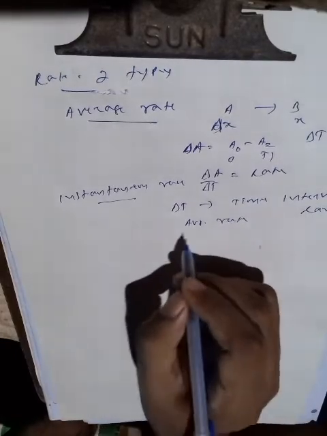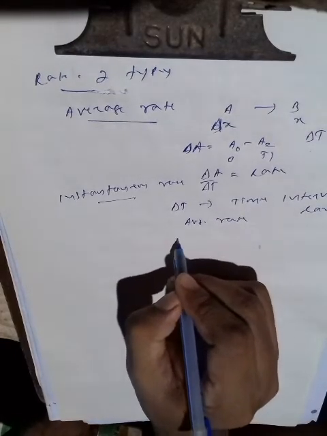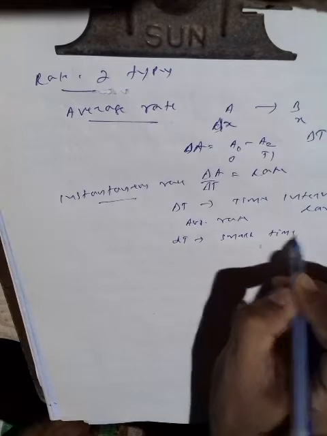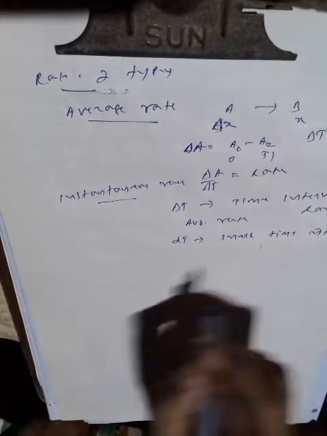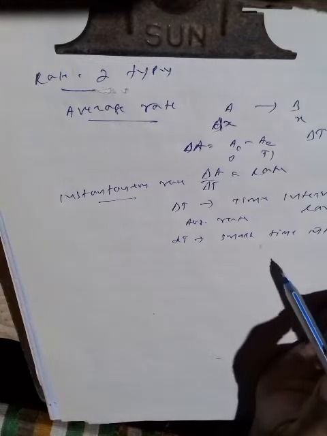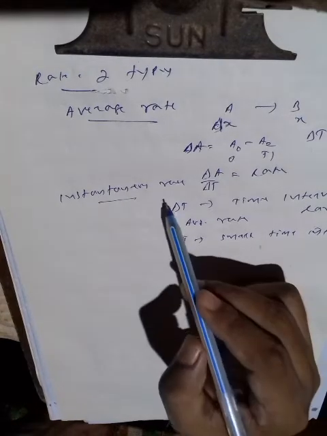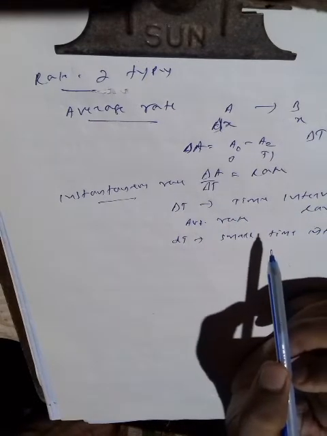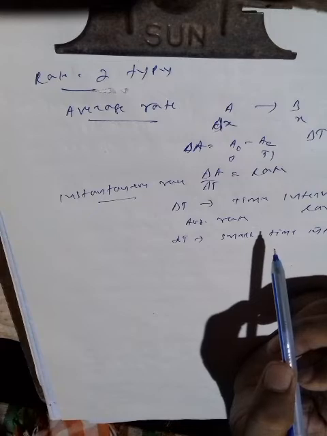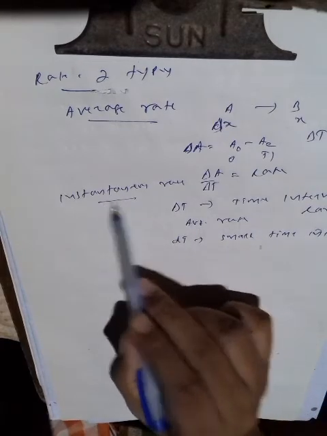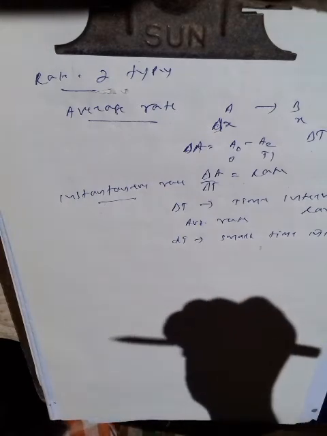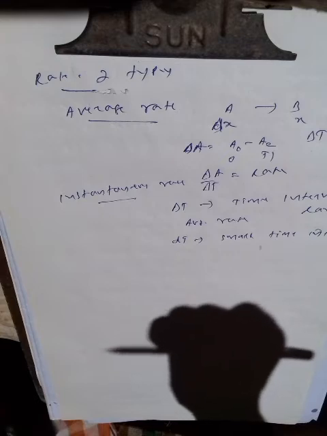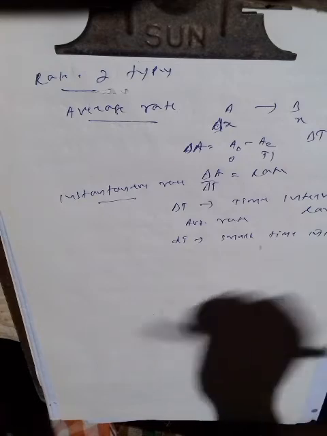And when the time interval is small, we can calculate the instantaneous rate, and when the time interval is taken large, we find the average rate. You should know that for the instantaneous rate, the time interval chosen is so small that at that point the rate of the reaction is almost constant.